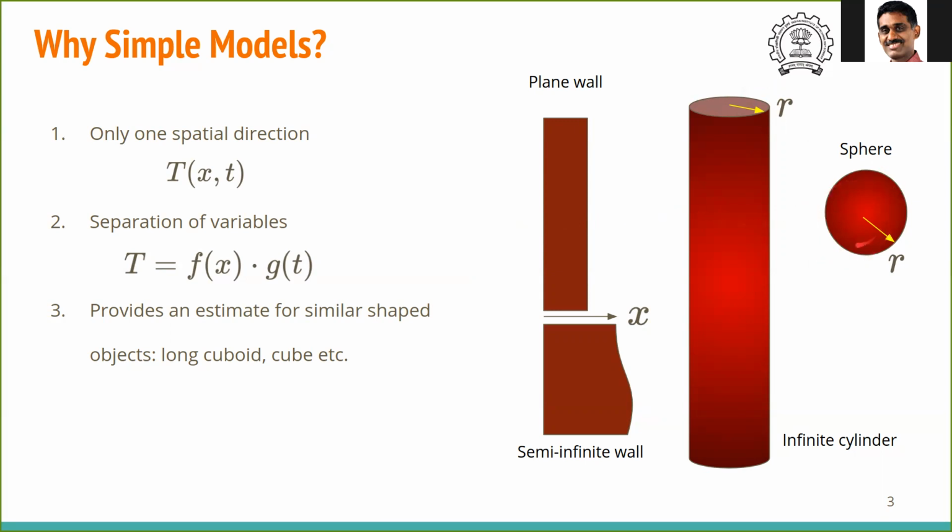The nice thing is that using these solutions, we can also estimate the questions that we asked previously, the time it takes to cool down, or how much the heat flux is, and so on, for other shapes. So instead of a cuboid, we simply approximate the cuboid by a sphere, and then see what the sphere would have done. So you will get an approximate estimate. Even if you don't have the exact model, you can get estimates of the time by using these models.